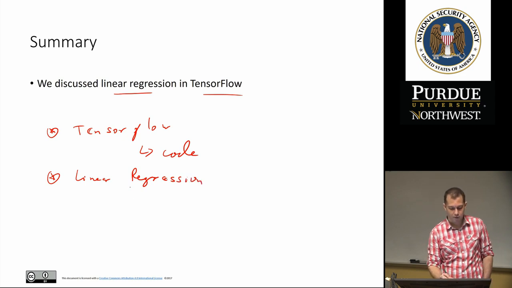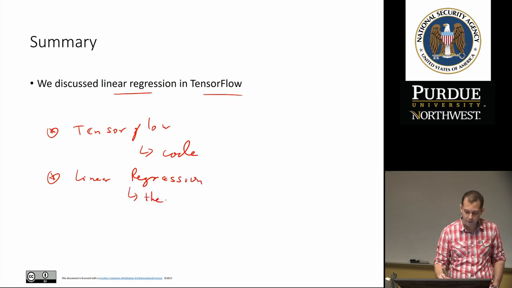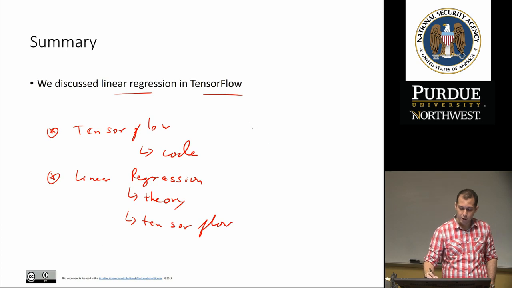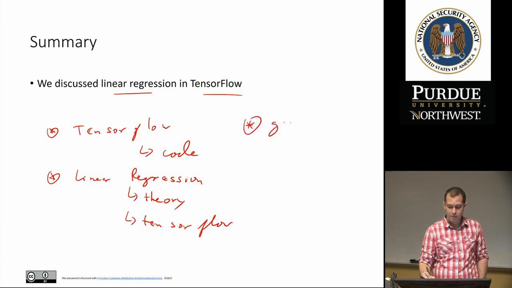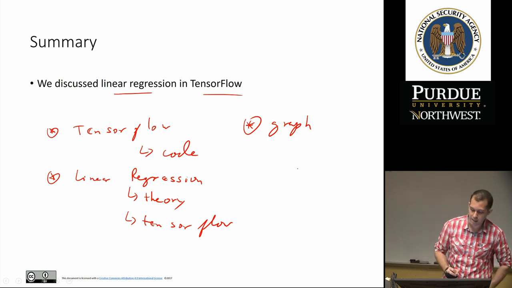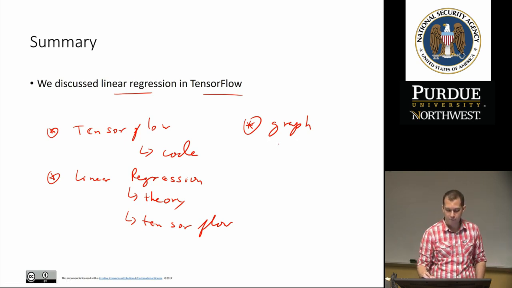We went over some of the theory of linear regression, and we learned how to model linear regression in TensorFlow. We also learned about graphs, so we learned how the computational graph can be created from the code, how to go from code to create this computational graph.